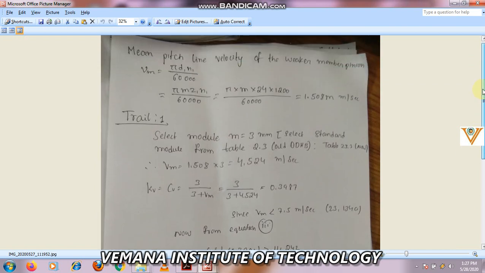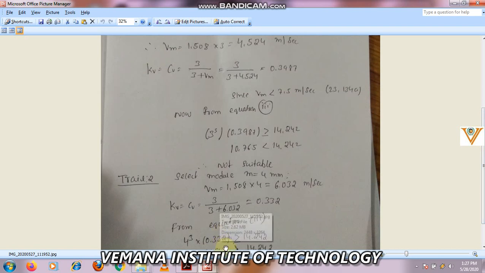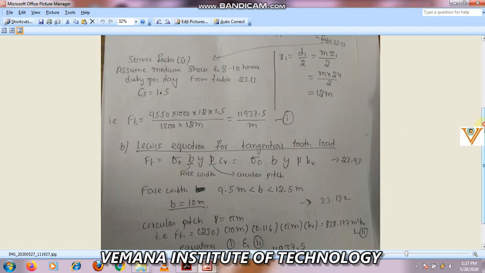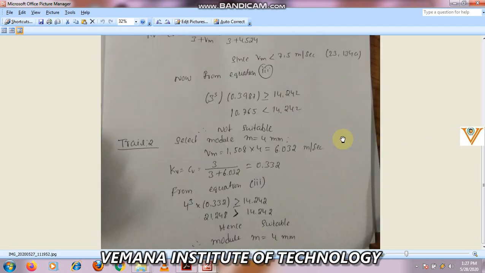This value should be almost equal to or greater than 14.24 if you multiply m cube and kV; only then can we accept the module. Since it is less than 14.24, our assumed module is wrong and not suitable.